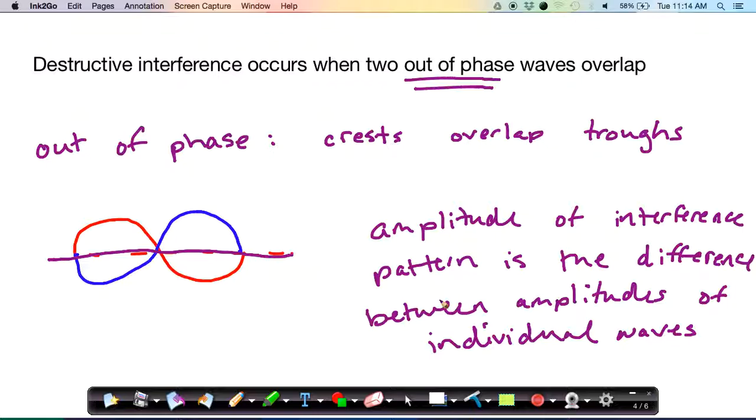All right. So in this case, because the amplitudes are equal and opposite, the difference is 0. And the amplitude of the interference pattern, as a result, is 0.